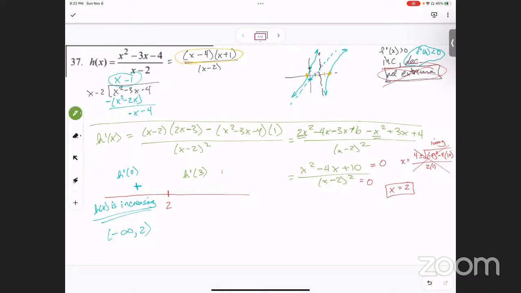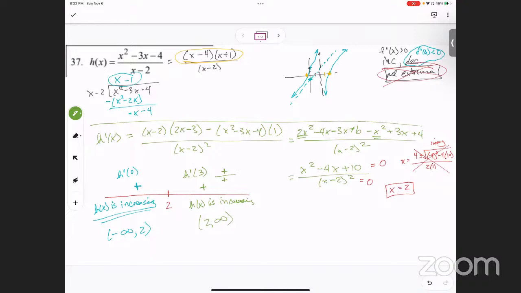And the denominator, since it's squared, is always going to be positive, so I don't even have to plug it in. So that's a positive, which means h of x, the original function, is increasing in that interval, from 2 to infinity.